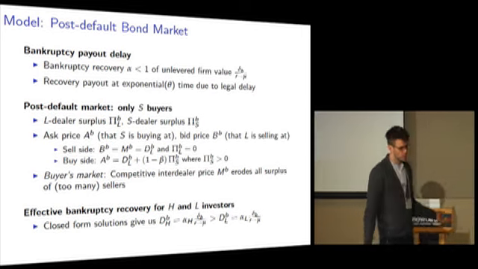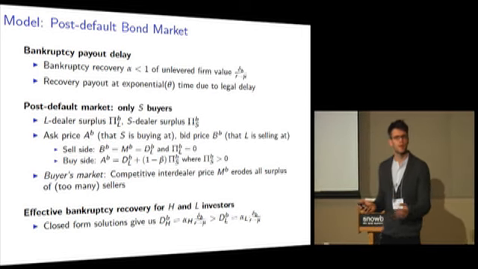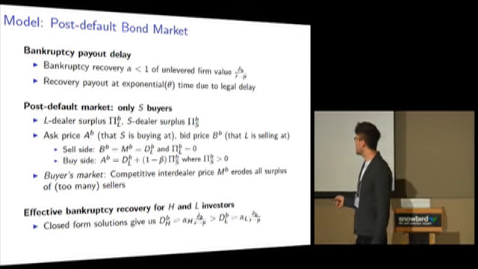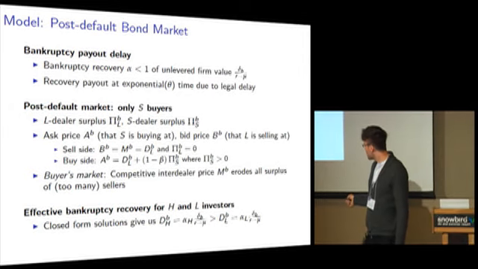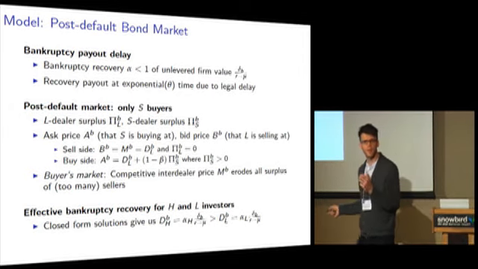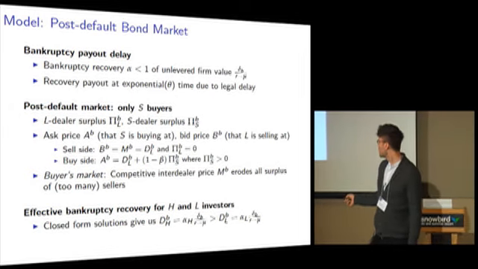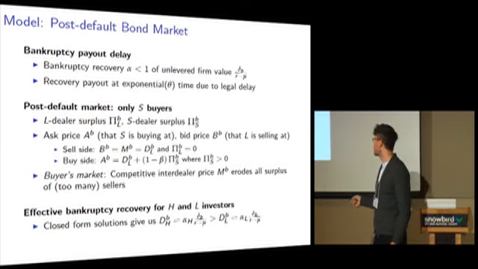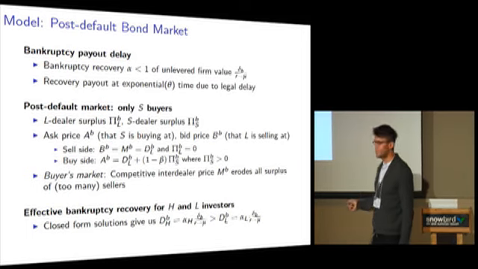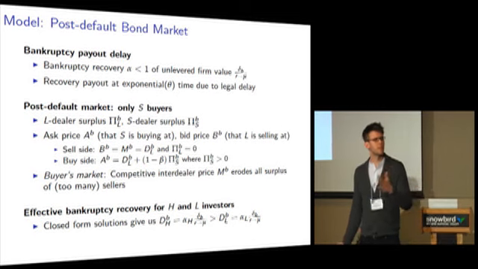Now what that gives us, we can solve this post-bankruptcy model quite simply, and we're going to get the high value and the low value valuations. Of course we can also solve for the S type, but that's kind of irrelevant here. You're going to see why. We're going to see that they have effective type-dependent recovery values at the time of default. That comes from this post-bankruptcy secondary market. Now why do we solve for these two values? Because they're going to be boundary conditions for the pre-default market.